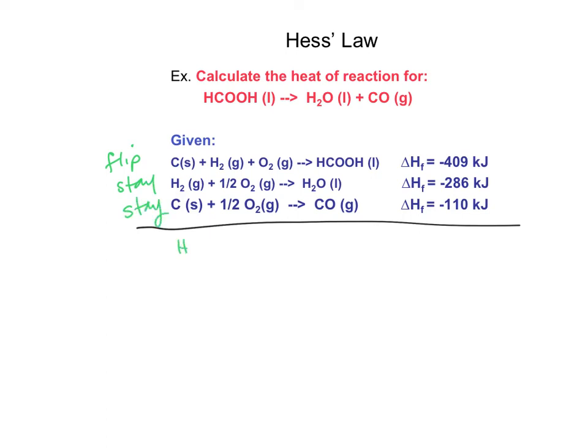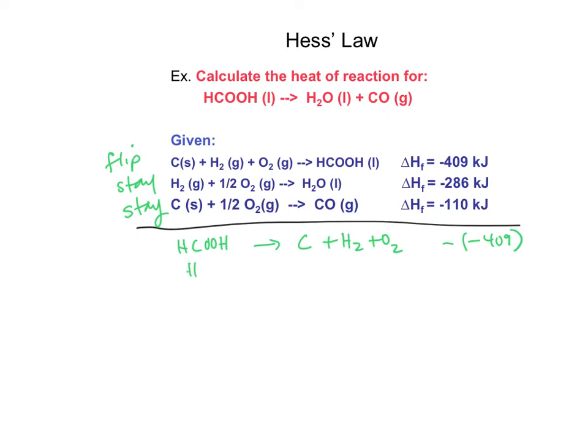So I will say formic acid. I leave off the phases on this one too. You don't need the phases, although the heats are associated with the phases. If you're looking up the numbers in the table, you need to know what the phases are. So if I'm going to flip the equation, I'm going to take the negative of what's in the parentheses.